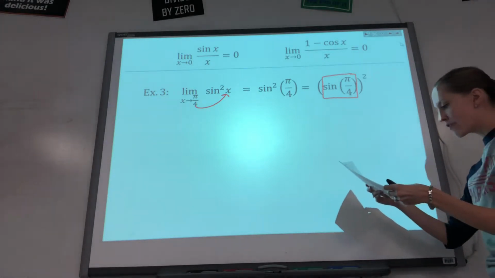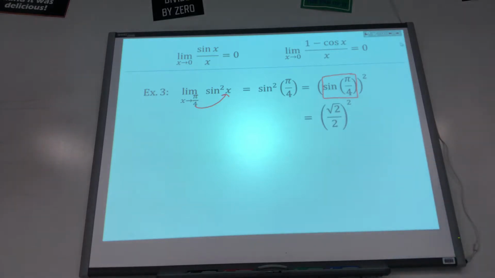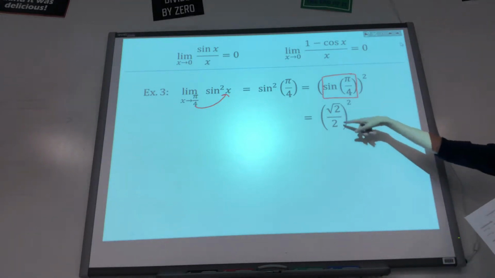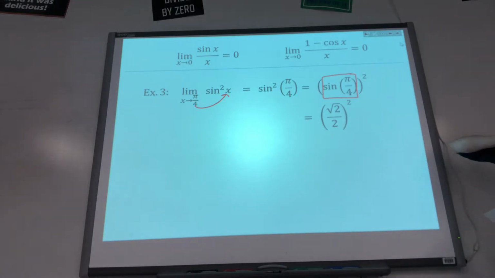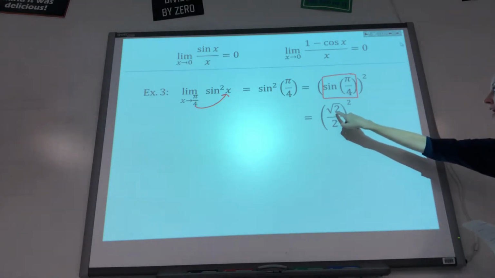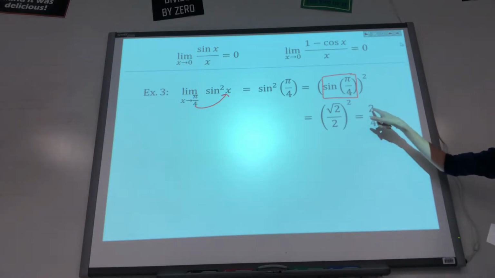I like to use my handy dandy unit circle. Sine of pi over 4 is radical 2 over 2. So, if I have to square that, anytime you square a fraction, you square the top and bottom separately. So the square root of 2 squared is just 2.